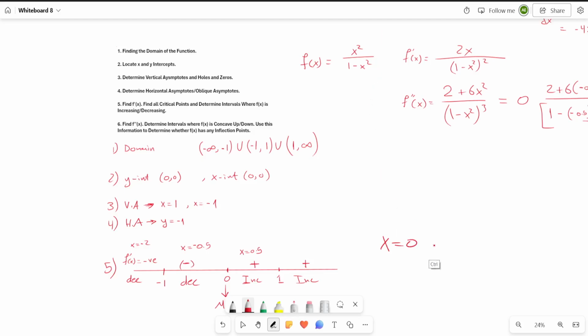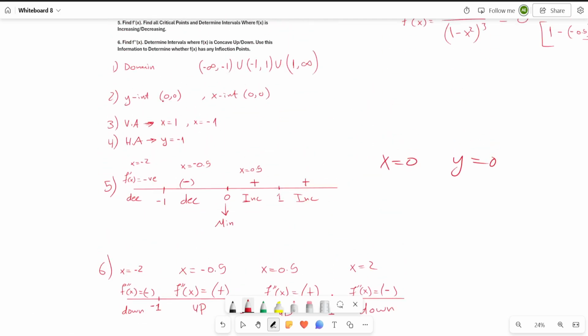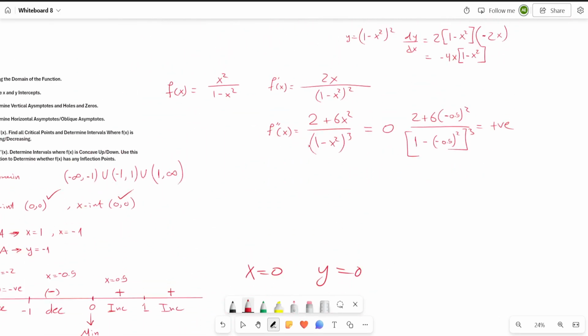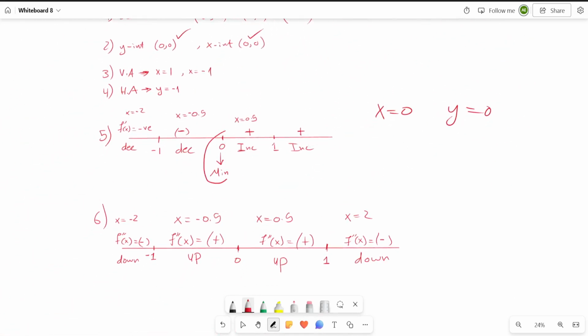You're going to find the point at 0 and 0. So the point x equals 0, y equals 0 is a critical point, and at the same time it's the y-intercept and the x-intercept. So what nature is this critical point? We figured out that this critical point is a minimum nature, so it looks something like this.